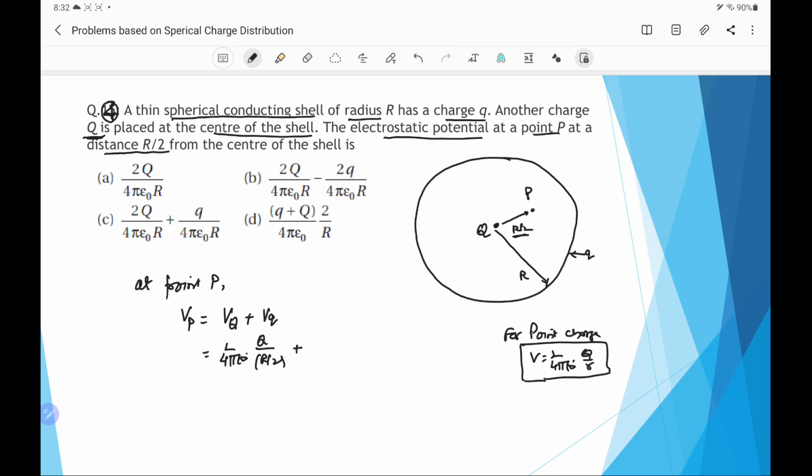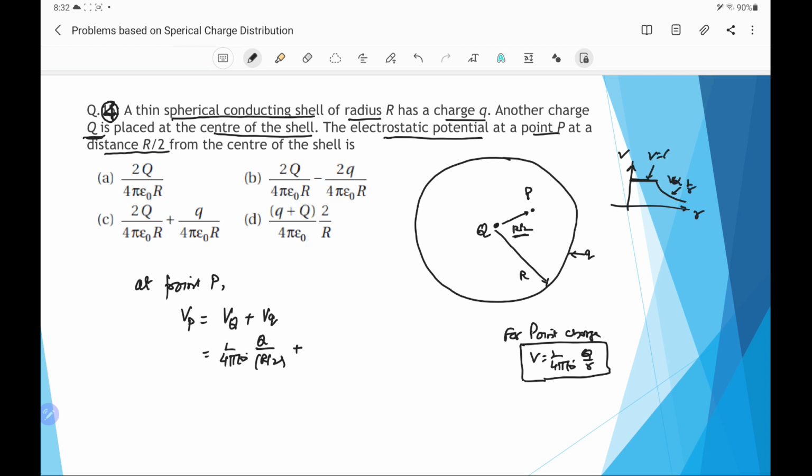Similarly, plus, now we have to find the potential due to the small charge q, which is distributed over the spherical shell. We have already discussed that for a spherical shell, if we draw the graph of potential with r, first it remains constant and then it reduces with V proportional to 1 by r.